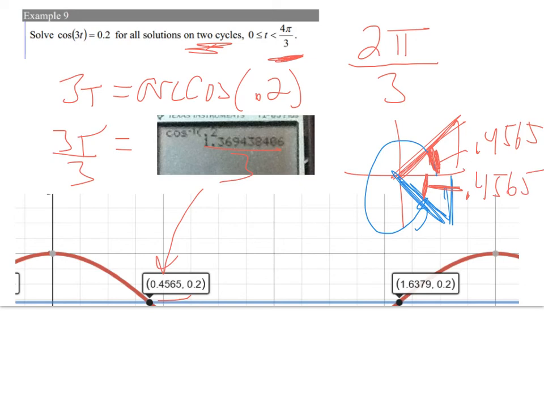And then what do we take it away from? Well, normally we'd subtract that from 2 pi, except for this one, what's the period of this graph? So in order to find that other angle, we're going to go 2 pi divided by 3, whatever that is as a decimal. And we're going to subtract that reference angle. Be nice if I could write it correctly.